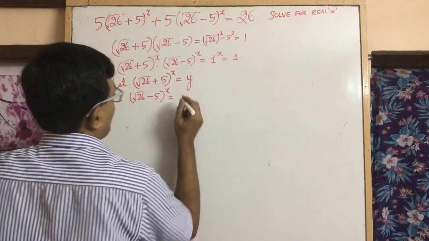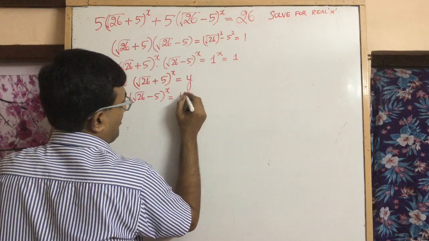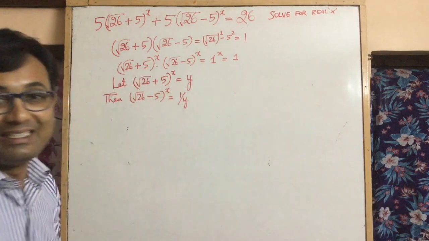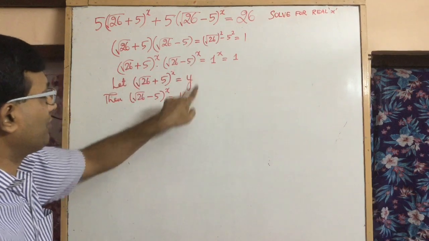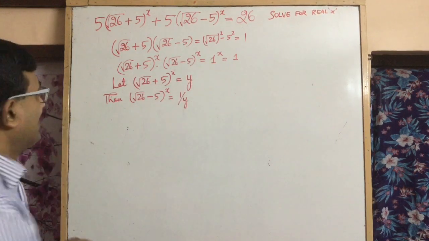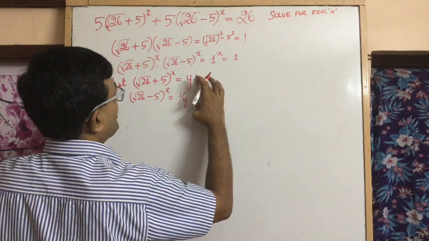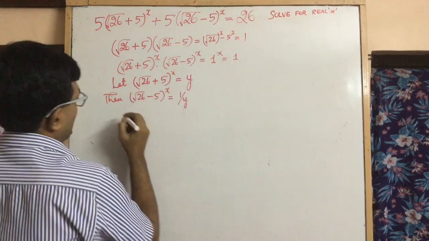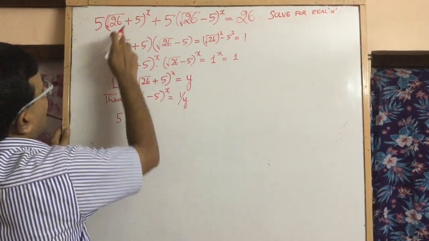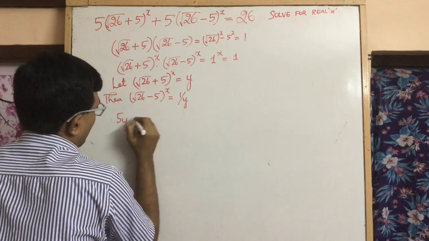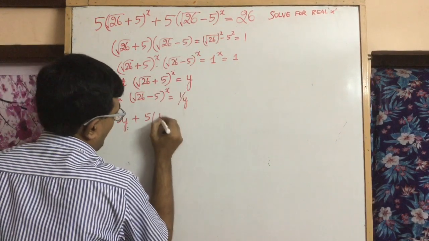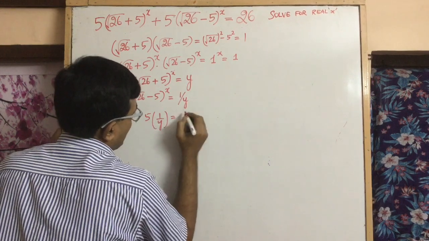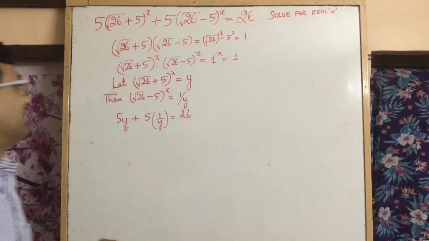So this would become 1 by y, the reciprocal of y, because the product of these two is 1. So now we substitute these two in the given equation. That means 5 into y plus 5 into 1 by y is equal to 26.